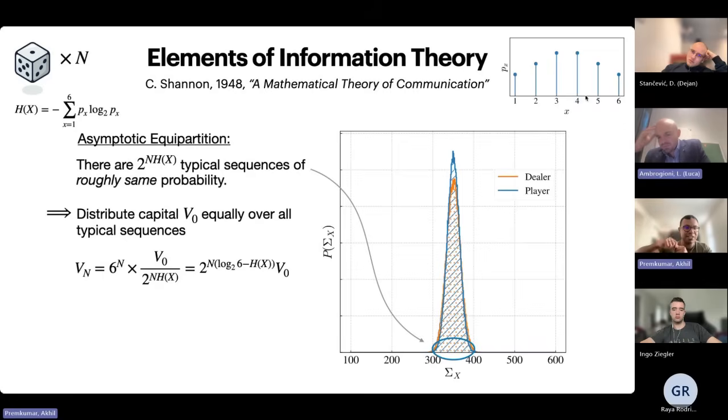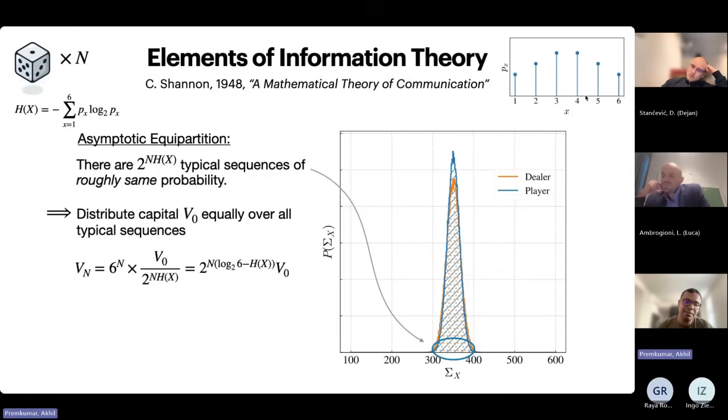So I assume that all the throws happen in parallel, at the same time. You're not doing it sequentially. Okay. Yeah. You can show that if you do the other thing, placing the bet one at a time, it's exactly equivalent. Okay, you get it. All right.